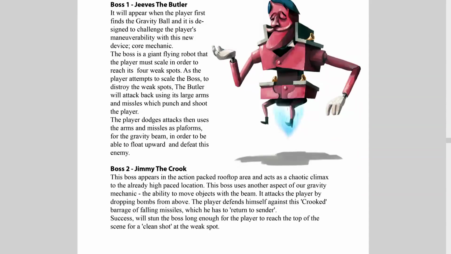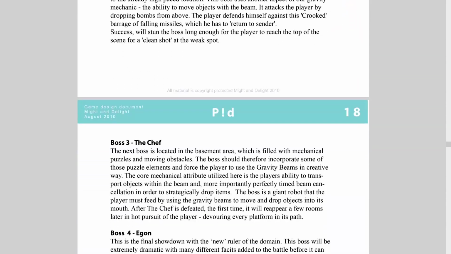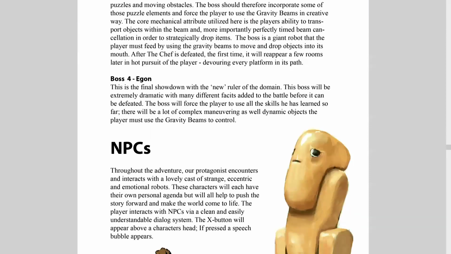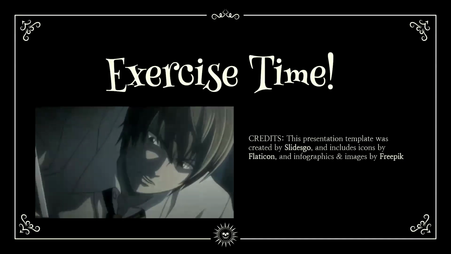How much health does it have relative to the player? How powerful is this? I know this is the first boss, but what are its abilities? Just things to really think about.